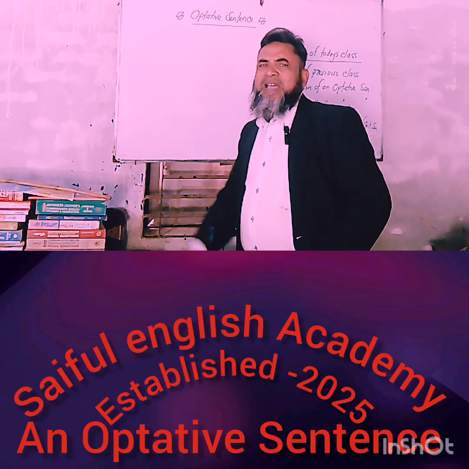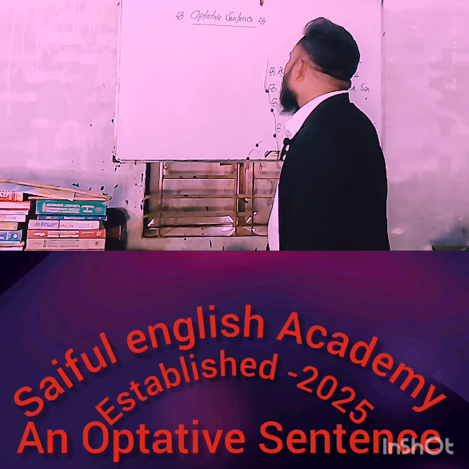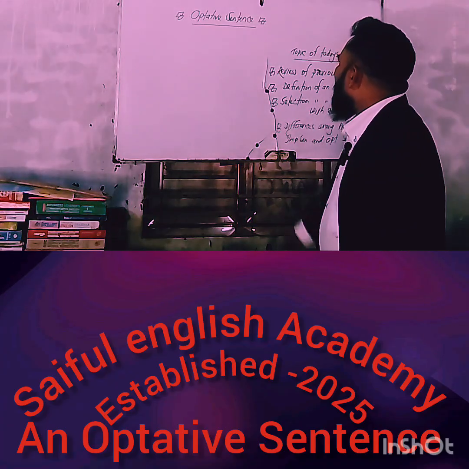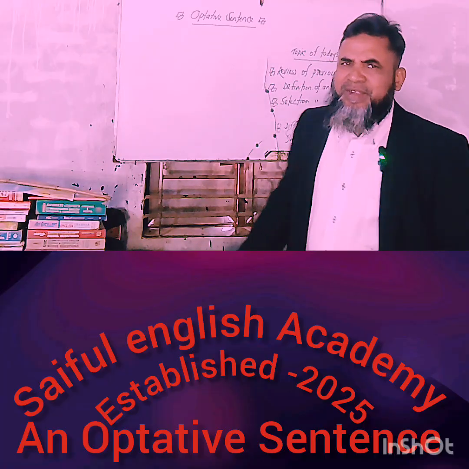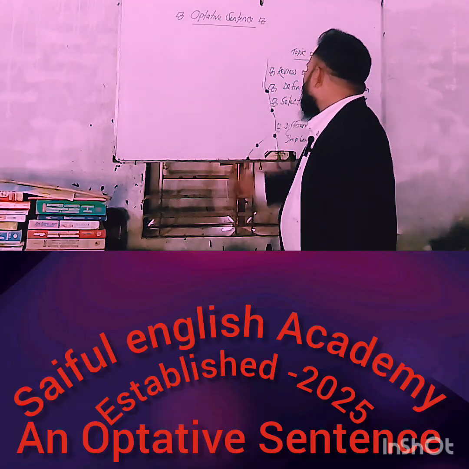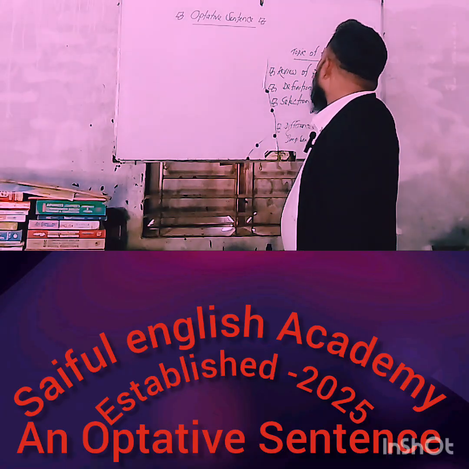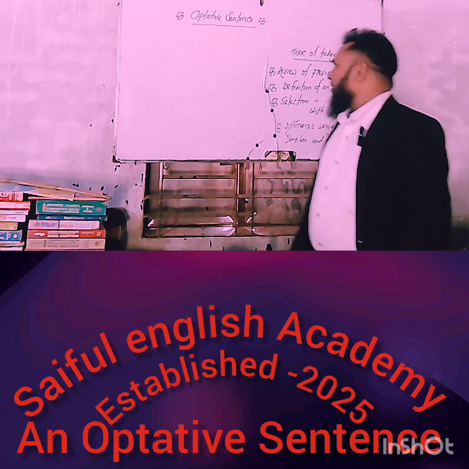But before starting today's class, my dear learners, I want to declare the topics of today's class. At first, I'm trying to review my previous classes. Secondly, I'm trying to show you the definition of an optative sentence.